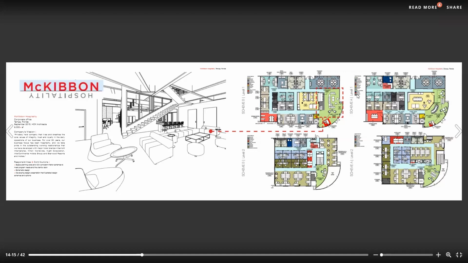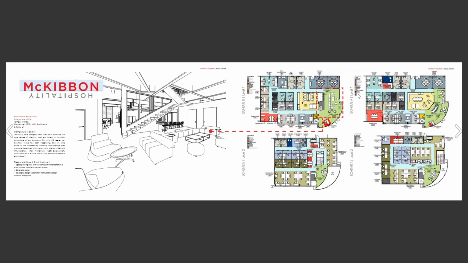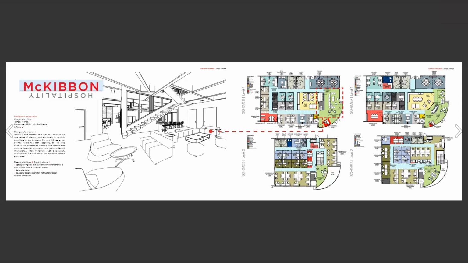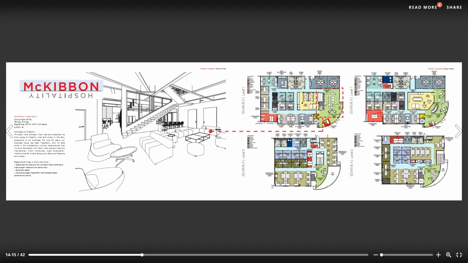And they're using this really fun and colorful color scheme that is drawn directly from the color in the company's logo and starting to be applied to areas within this floor plan. Now, if we zoom in, we can see what these color tones mean. But for right now, it does a wonderful job of showing how the concept of this fun and dynamic space will be applied to critical parts of the project by highlighting and using color in a very dynamic way in the presentation of these programming plans.